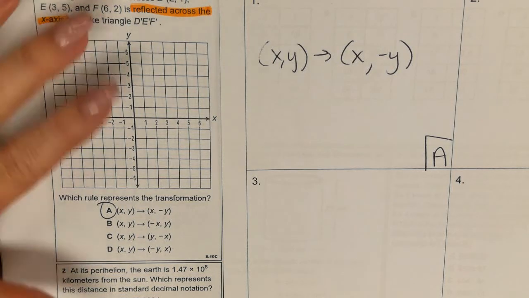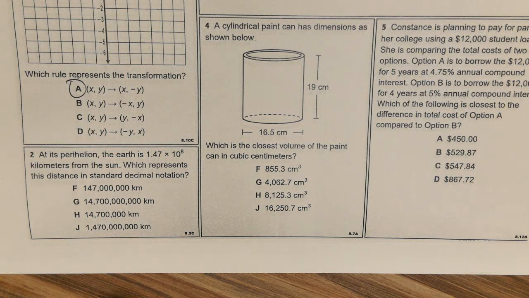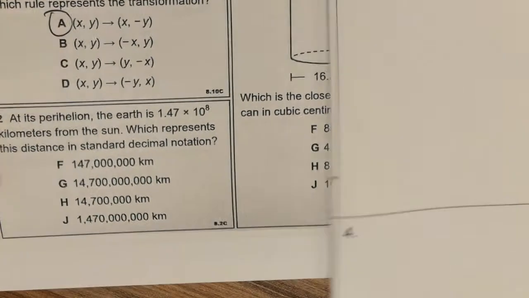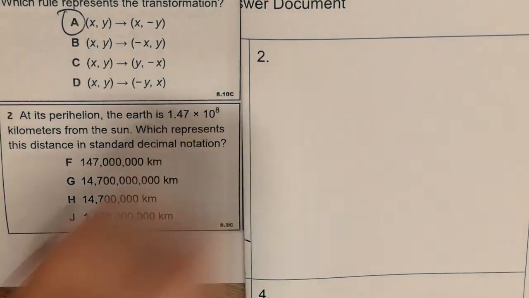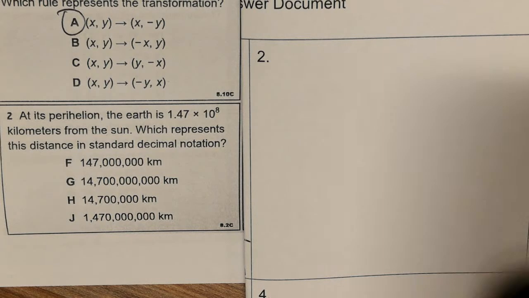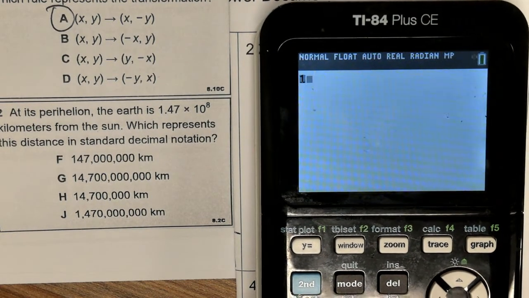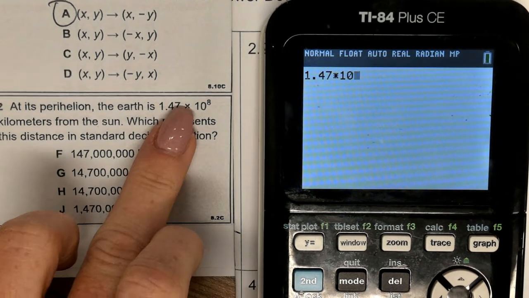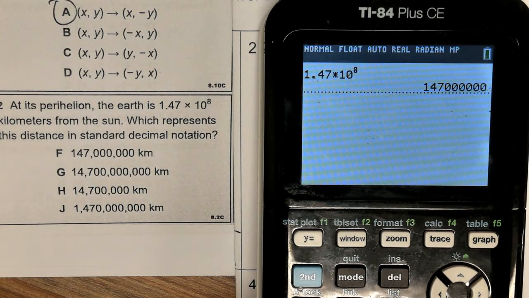All right, let's move on to number 2. For number 2, they gave you a number in scientific notation, and they wanted you to change it to standard, and standard means normal. So all you had to do is go to your calculator and type it in. 1.47 times 10 to the 8th power, and that was your answer.